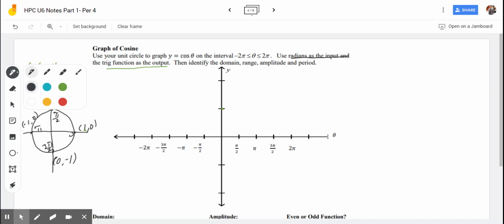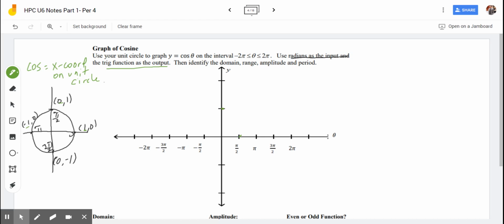Let's write x coordinate on the unit circle, so that's to be specific. So at pi over 2, like I said before, we're at 0.